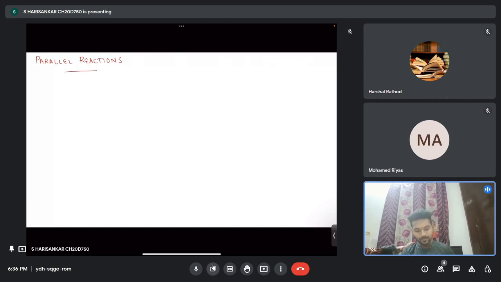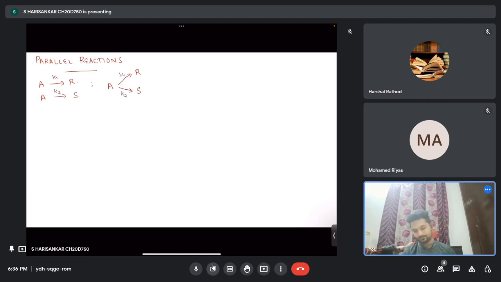Parallel reactions happen simultaneously. So let's say A gives R, and simultaneously A will also give S. We can represent this as A simultaneously giving R and S. So these are our parallel reactions. These are simple parallel reactions, and let's say they are first order reactions as well, with reaction rate constants K1 and K2.